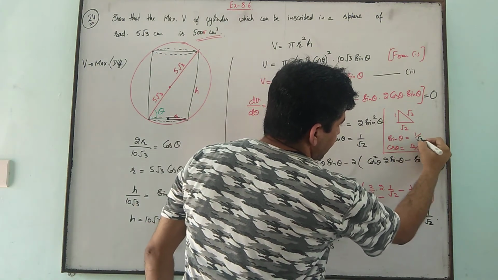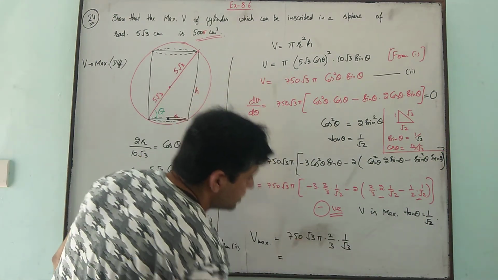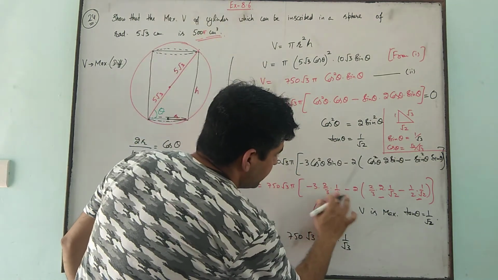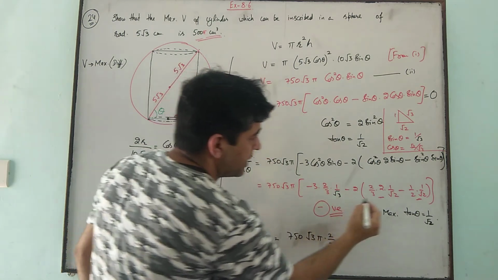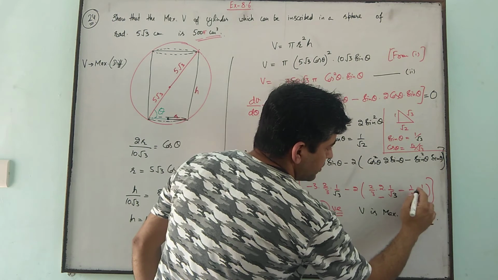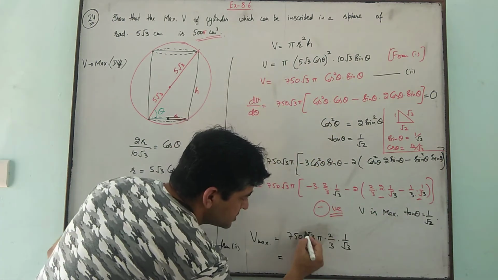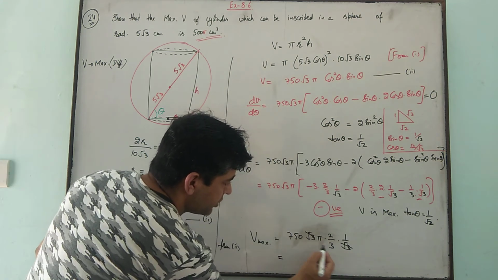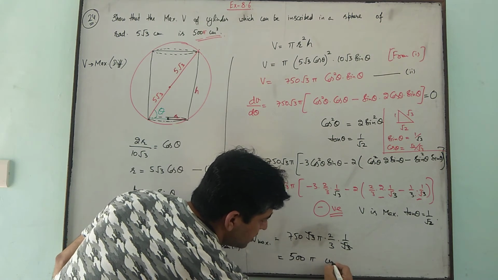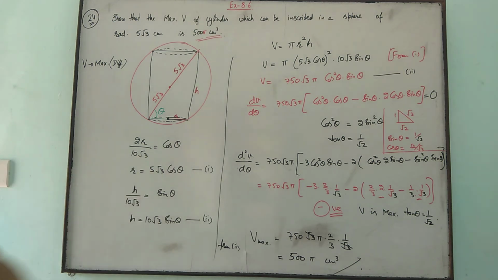So, with cos theta as root 2 by root 3 and sin theta as 1 by root 3, again we will get it positive, no problem. So this root 3 cancelled out. 3, 250 into 2, we got the maximum volume is 500 pi centimeter cube. Just note it down.